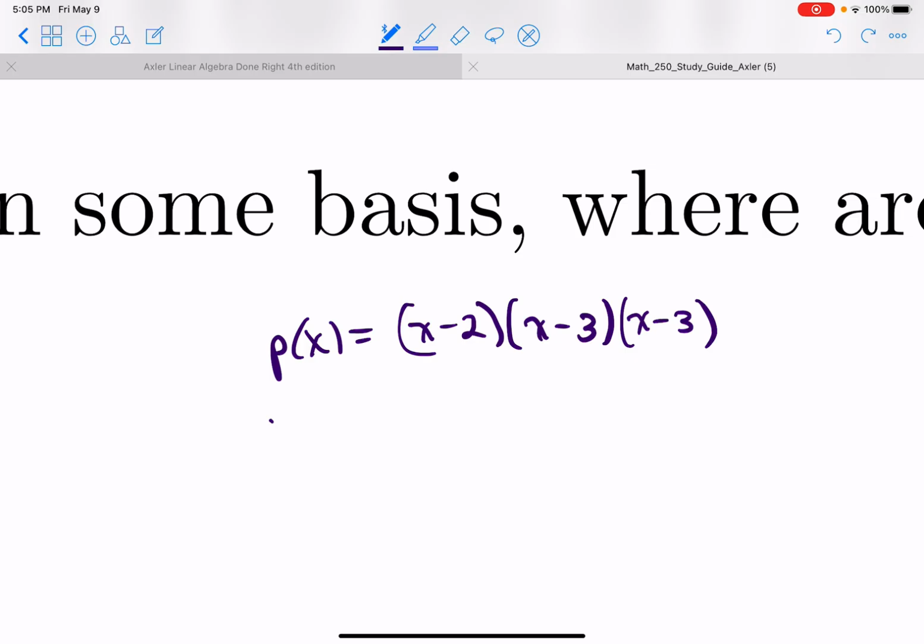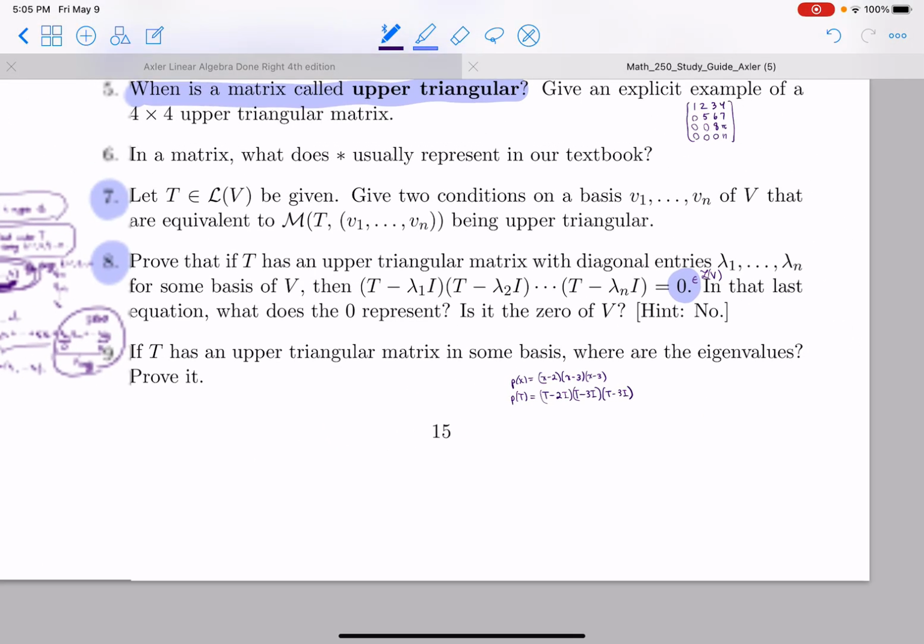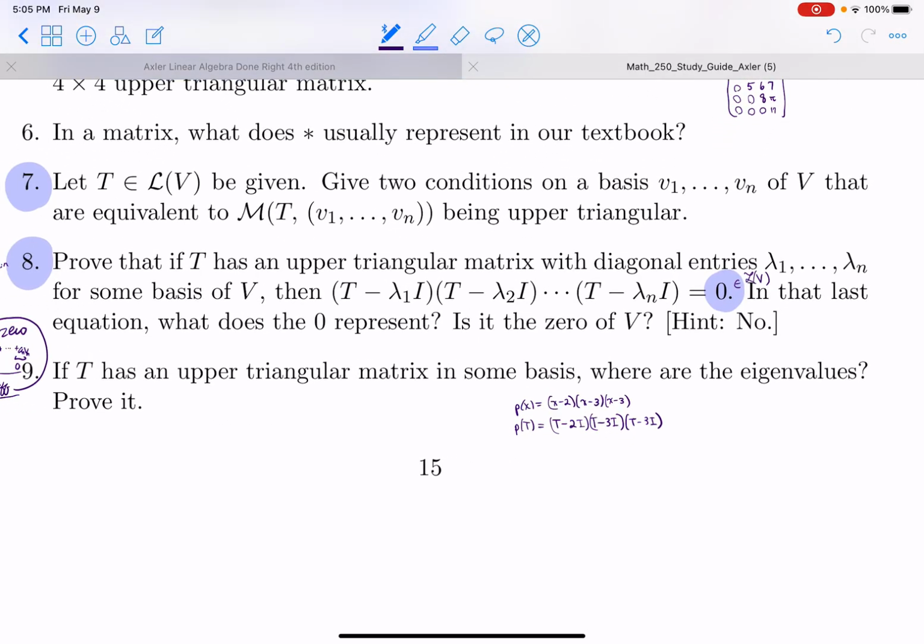And then if we did P of T, then that becomes the operator T minus 2, which we think of as T minus 2I, times T minus 3I, and T minus 3I again. Okay, and what we're saying is that if T has an upper triangular matrix with the diagonal entries lambda 1 through lambda n, so these are actual numbers like 2 and 3, then this is the 0 operator.